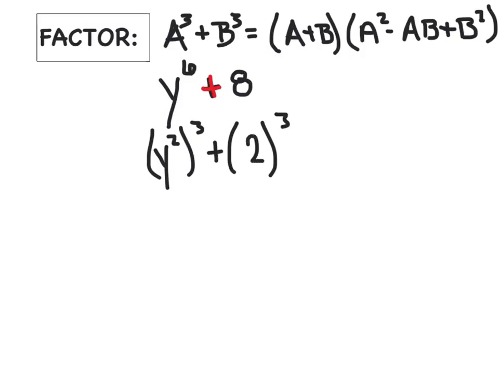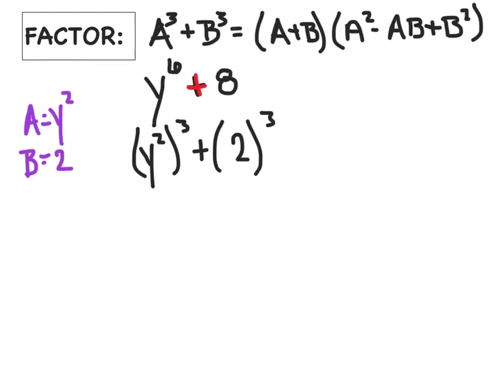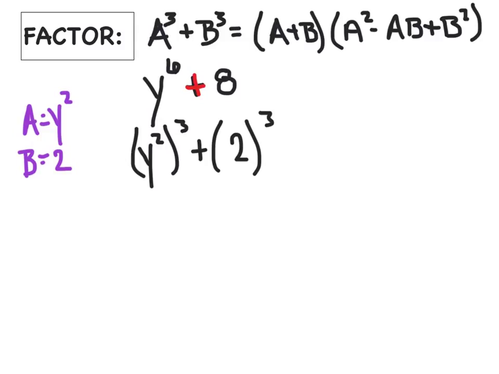And so I'm thinking to myself, my a is equal to y squared, and my b value is equal to 2, and now I can go ahead and make these substitutions. For instance, every time I see an a, I'm substituting a y squared, and every time I see a b, I'm substituting a 2 right here, and right here. So let's go ahead and let the magical substitutions begin.